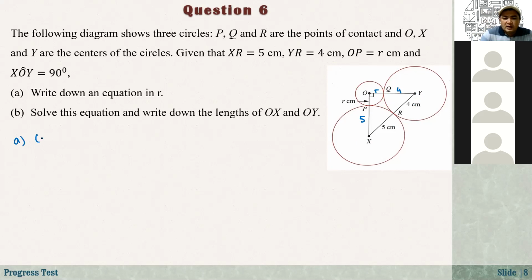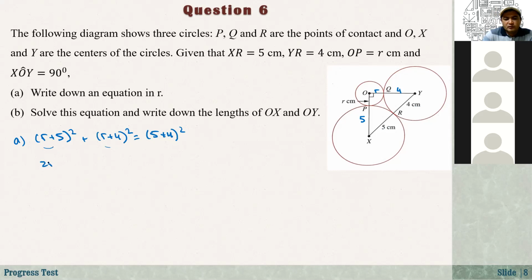That is (r + 5) squared, that is OX, plus OY, that is (r + 4) squared, on the right, and the hypotenuse, that is (5 + 4) squared. That's equal to (5 + 4) squared. Now you are grade 9, and you can expand this and simplify this quickly, right? We don't have to write every detail. If you expand this, here we have r squared and r squared.